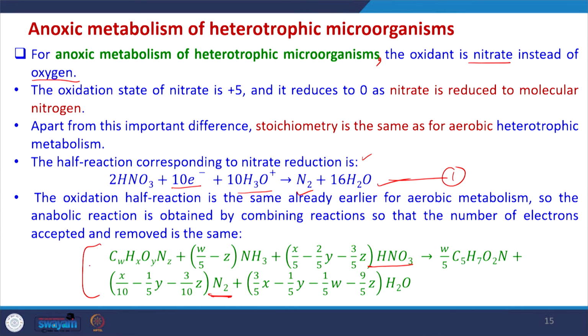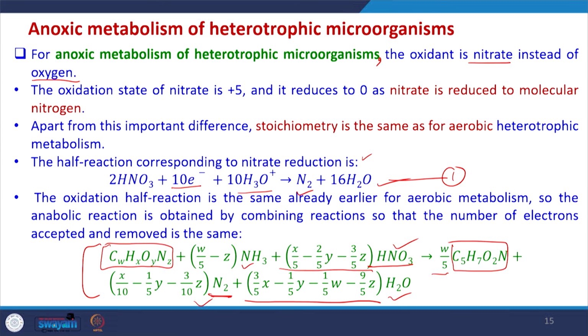So, the anabolic reaction is obtained by combining reactions so that the number of electrons accepted and removed is the same, and thus we have the substrate, which is our general carbon source. It reacts with ammonia and nitrate to form the microorganism, which is given generally by this formula, plus nitrogen and hydrogen.